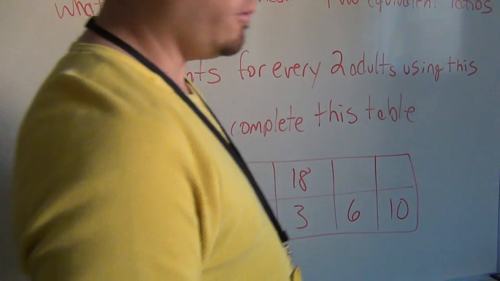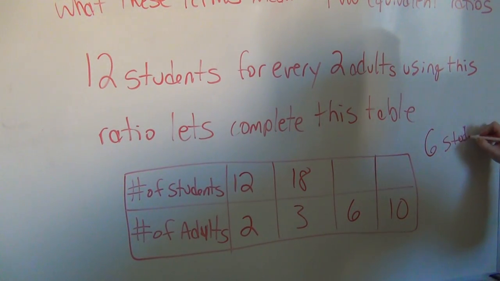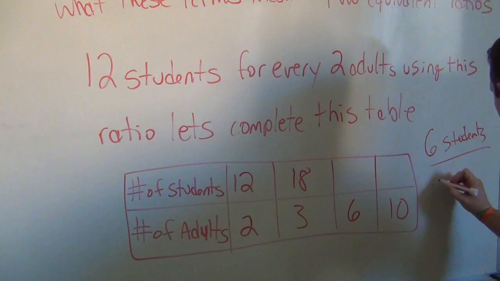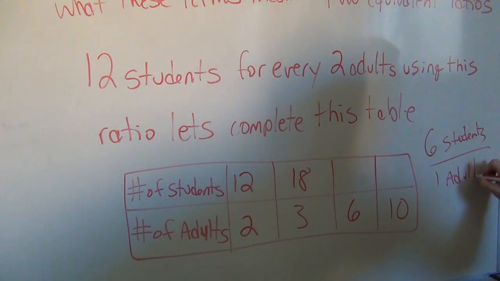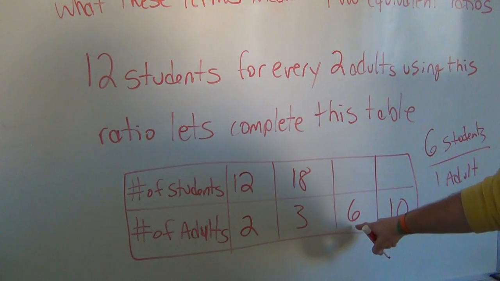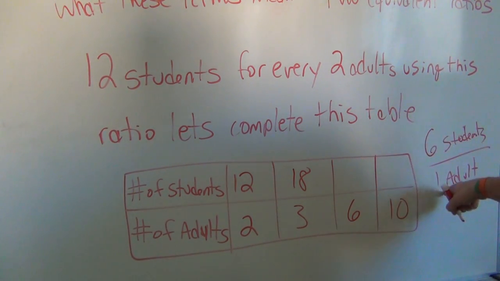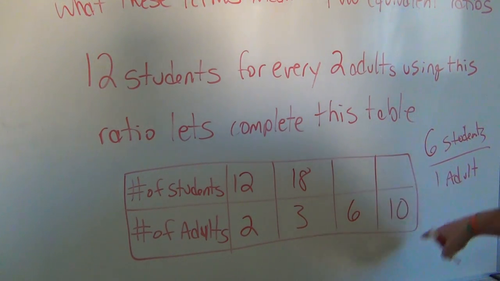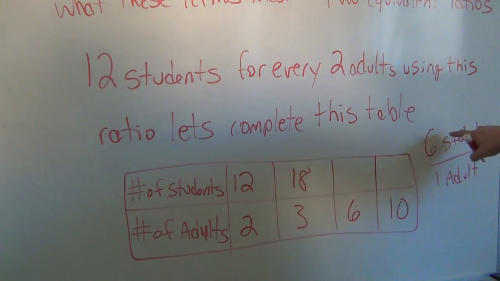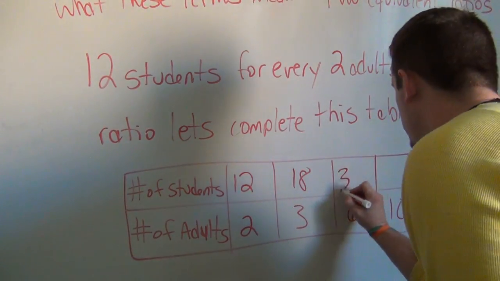Well, my unit rate was 6 students for 1 adult. If there's 6 adults going, what do I got to do to that 1 to get a 6? Got to multiply by 6. So if I'm going to do that to the bottom, to take this 1 adult and turn it into 6 adults, then I've got to take the 6 students from my unit rate and multiply it by 6 to get this missing piece of information. Well, 6 times 6 is 36.